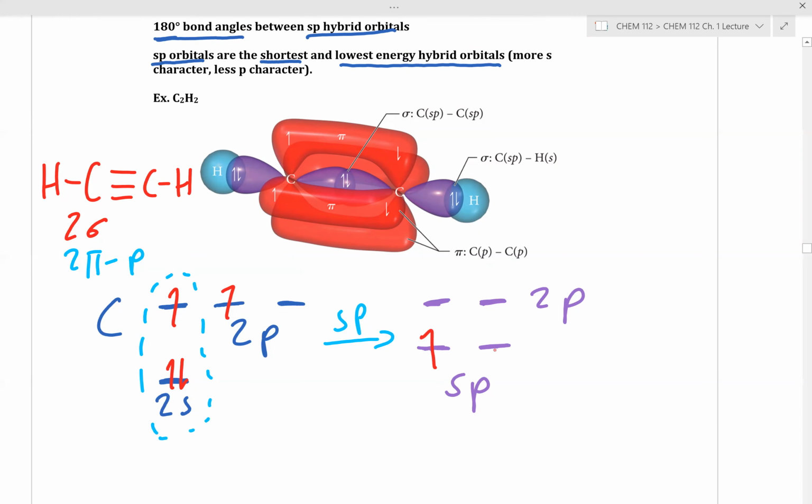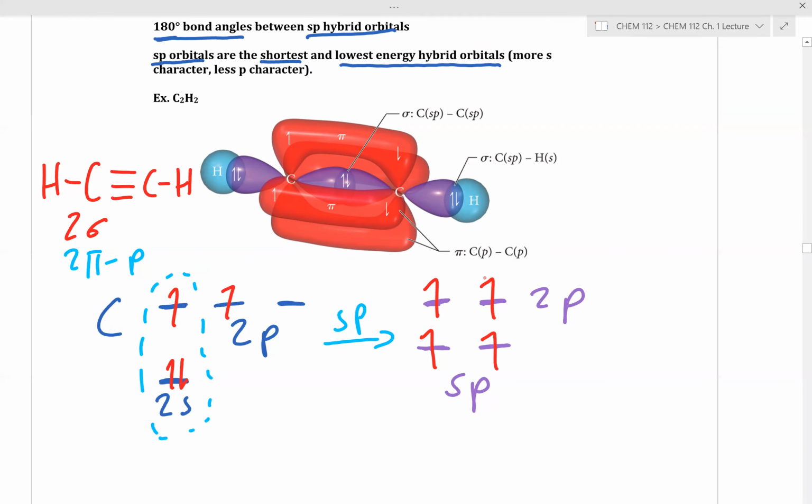So I'm going to place my first 2 electrons in my low energy sp orbitals. Now, if we want to maximize bonding, can we place our electrons in higher energy orbitals if we're going to form some bonds? Yes. Okay, perfect.